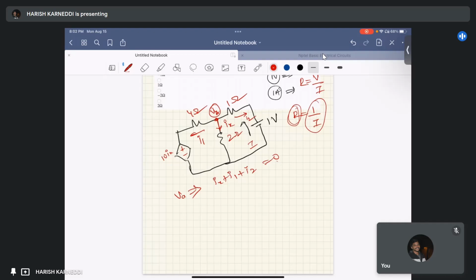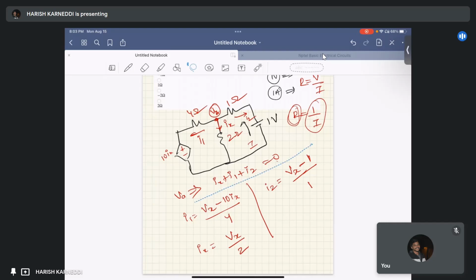That I1 equal to Vx minus 10 Ix by 4, and that Ix equal to Vx by 2, then this I2 equal to Vx minus 1 volt by 1, right? I think this is clear. I'm just copying these three.